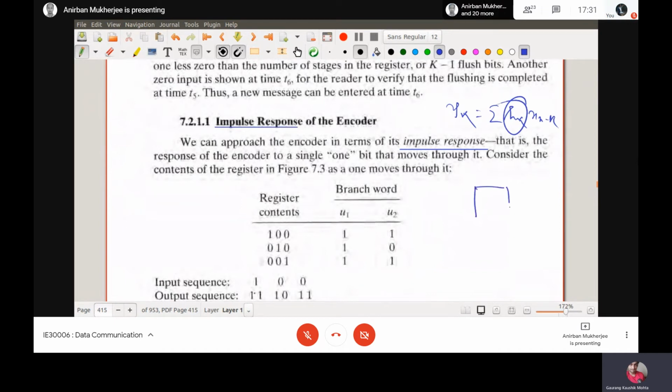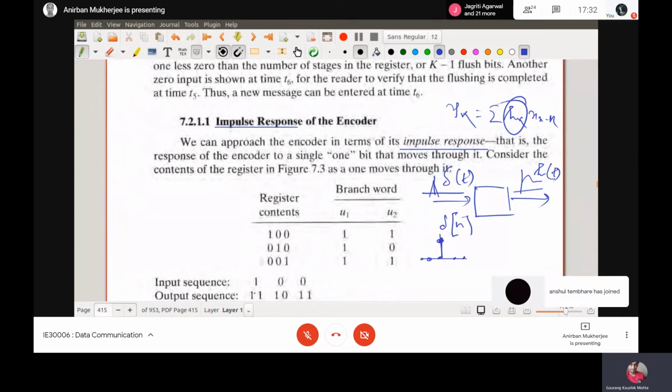In a normal case in a system, what is the impulse response? Impulse response means I have all zeros, suddenly I put a delta t, and what will be my output? This is my h(t), and suddenly I have given a delta t. Or if I give a delta n, this is the delta n, what will be my output?